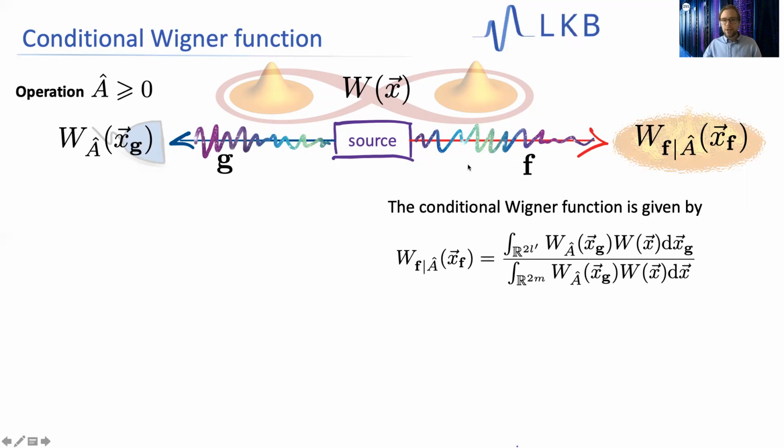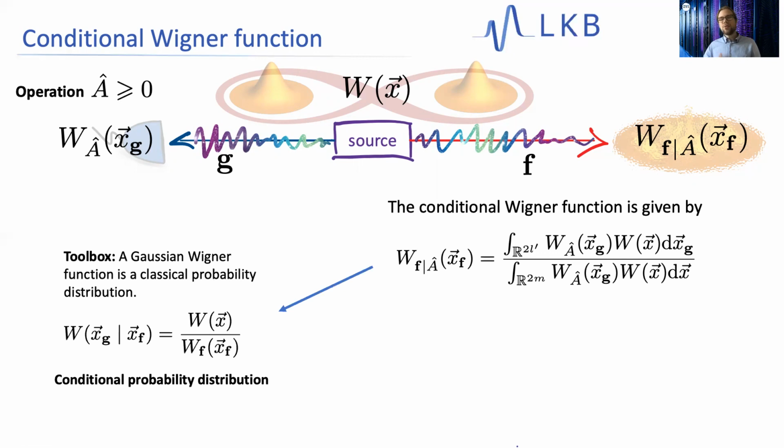We replace all the operators with their respective Wigner functions, and the traces are replaced with integrals. So the trace over the modes G becomes an integral over the phase space associated with G. And then the global trace just becomes an integral over all of phase space. And of course, then we haven't really made much progress here. We just put in Wigner functions for our observables.